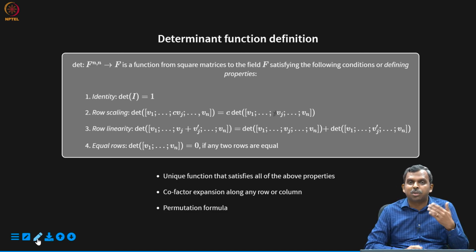You cannot come up with more than one function which can satisfy all these four properties, and that is the function that you've been studying all along as cofactor expansion along any row or column. Right? So, the familiar cofactor expansion formula for determinant satisfies all these four properties, and you can also show it is a unique function. There's no other function which can satisfy these four properties. Once you have these four properties, all the other properties come quite easily, right?